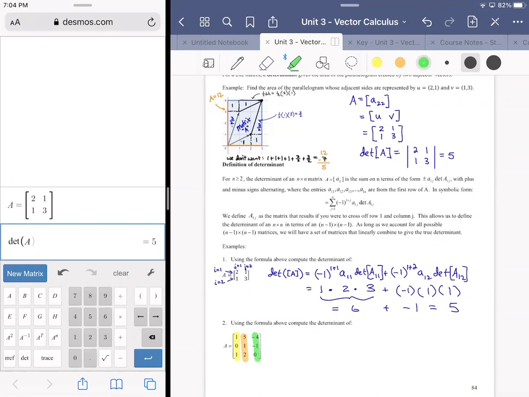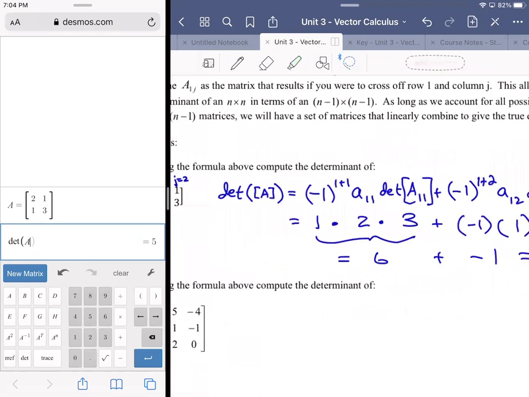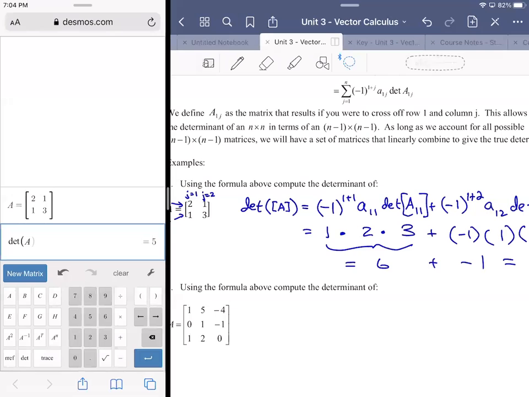So we get down to business. We're looking at 3 separate computations, but it goes a little bit quicker, as you know. We're looking for the determinant of A. So -1 raised to the 1 plus 1.